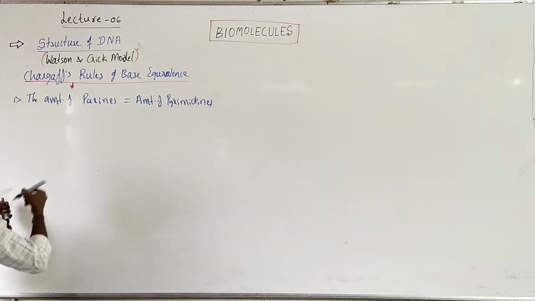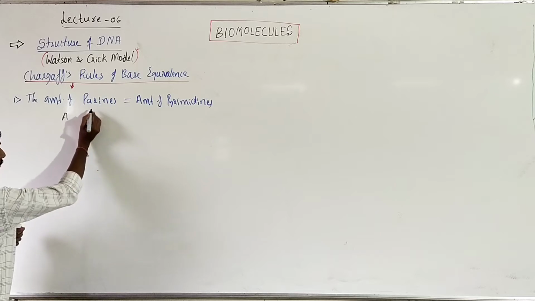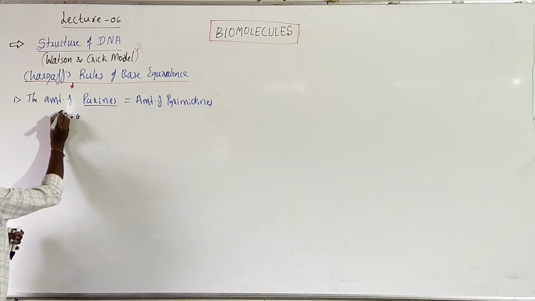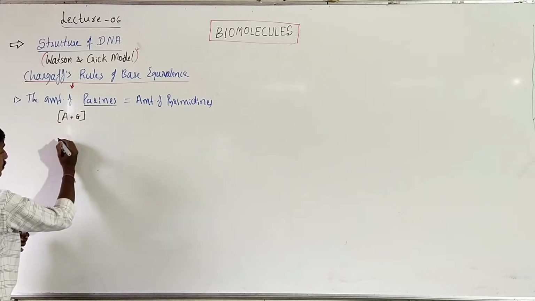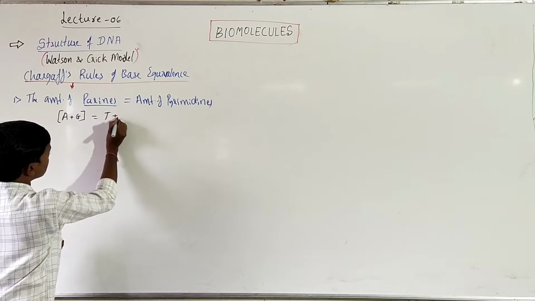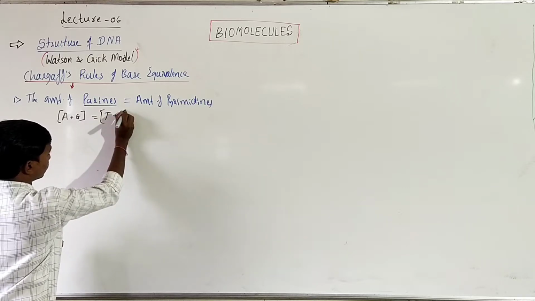For example, purines means adenine and guanine. So in a particular DNA, adenine plus guanine will always be equal to thymine plus cytosine. These two are the pyrimidines.